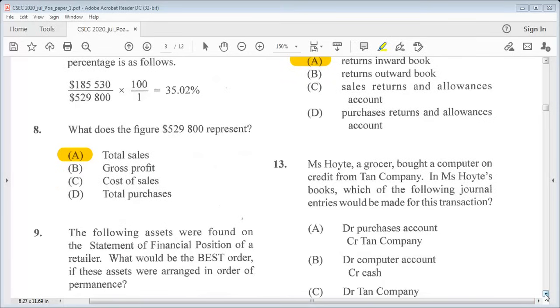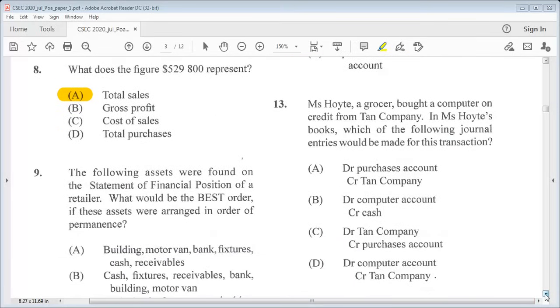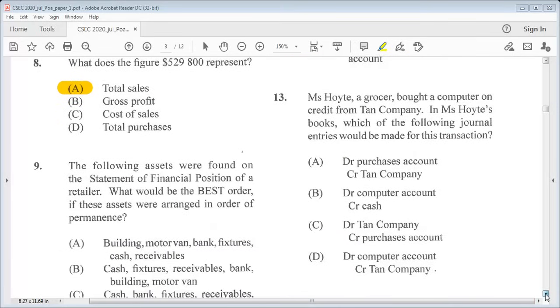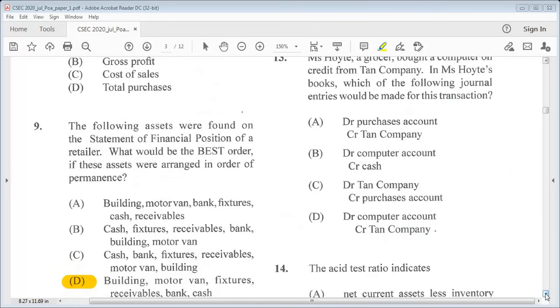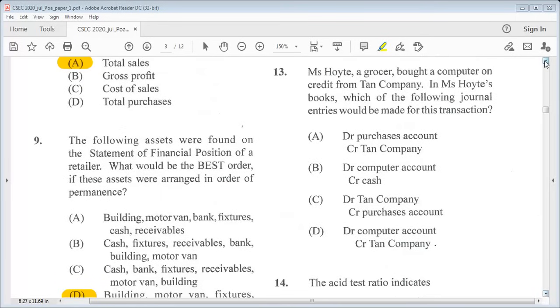Let's go on to number 13. It says, Mrs. Hote, a grocer, bought a computer on credit from Tan Company. In Mrs. Hote's books, which of the following journal entries would be made for this transaction? A. Debit purchases account, credit Tan Company.